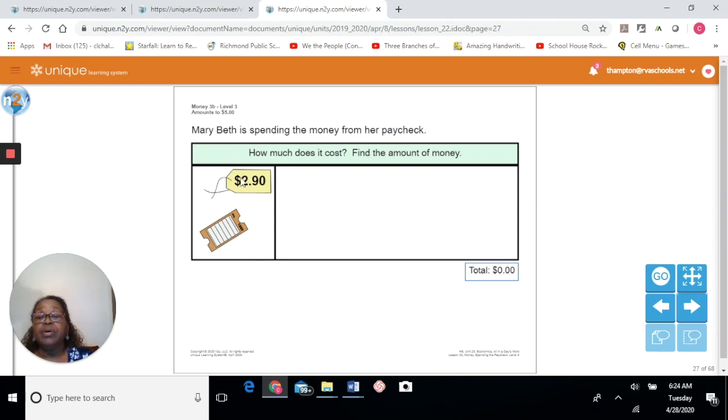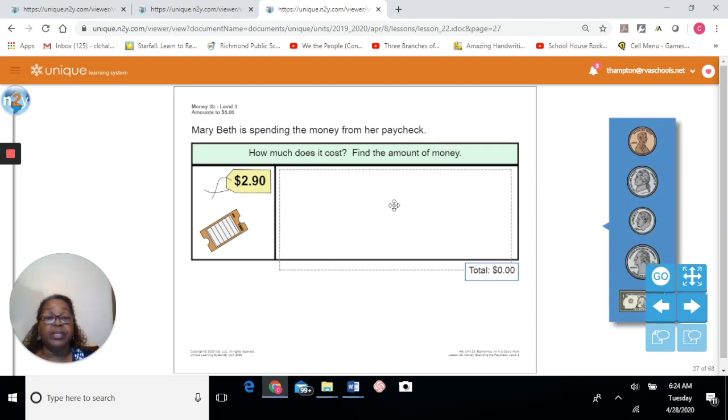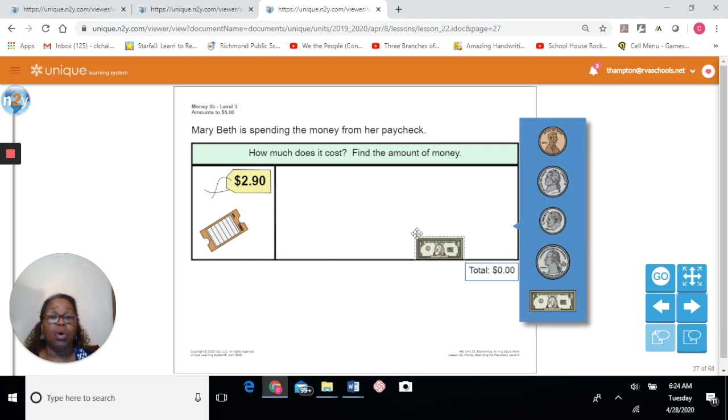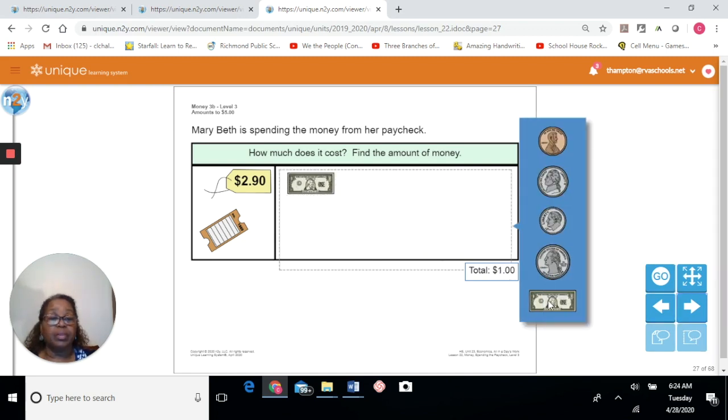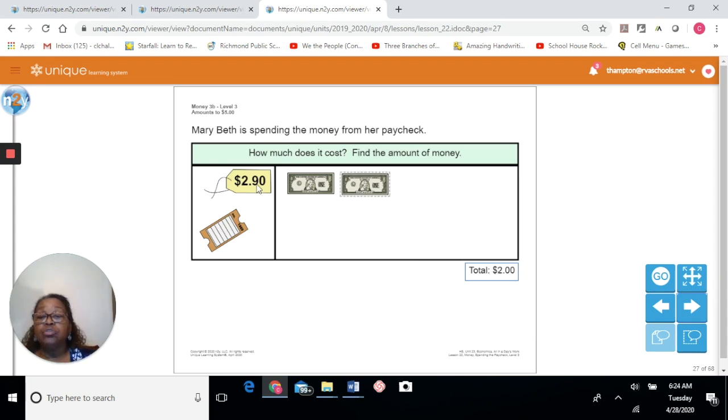We know on the left side of the decimal point, we have 2 whole dollars. So we can put that in. 1, 2. 2 whole dollars. Now $2.90.